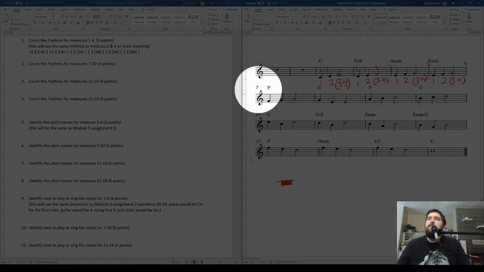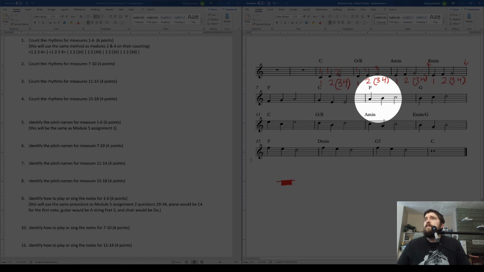If you take a look, measures 7 through 10 have the same deal as measures 3 through 6. And then 11 through 14, notice these rhythms: quarter note, half note. Now it does not matter if the note goes upside down, you still read left to right.